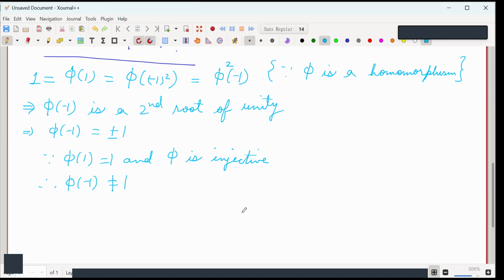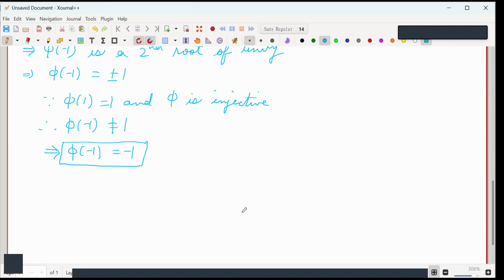By injectiveness, 1 would have to be minus 1, which is a contradiction. So phi of minus 1 cannot be equal to 1. Clear? Yes, sir. This implies phi of minus 1 is minus 1. So here we are not using the additive part anywhere, right? We have obtained this just by using the multiplicative operation.